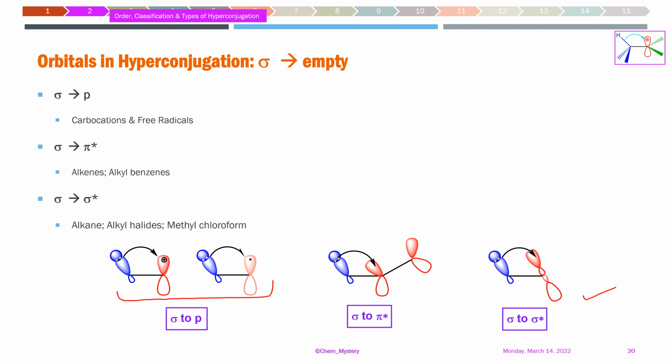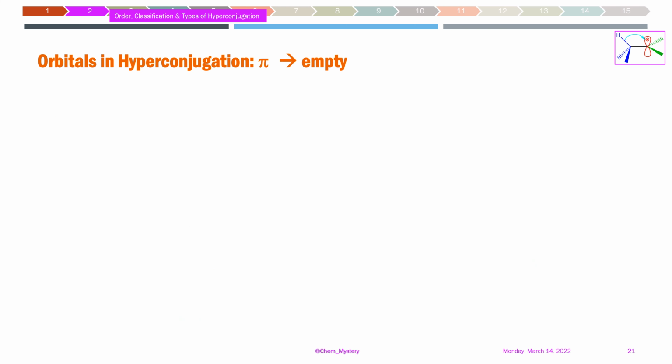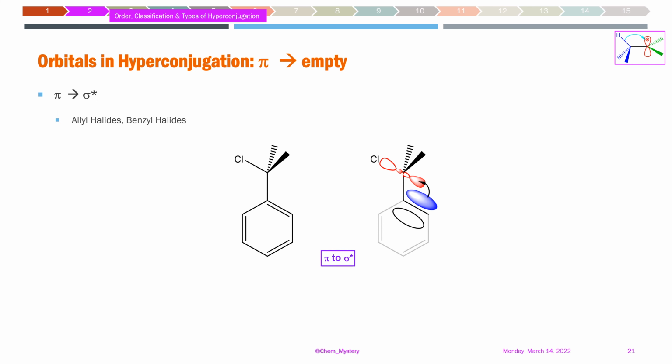Next example is where sigma electrons are going into the empty molecular orbital. So just one case we have here, that is benzyl chloride or situations like that. We have just shown here one chlorine. We can have even more chlorine; a similar situation will arise there as well. So what was happening here?